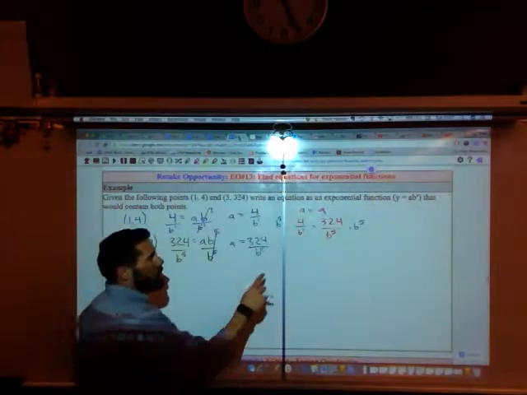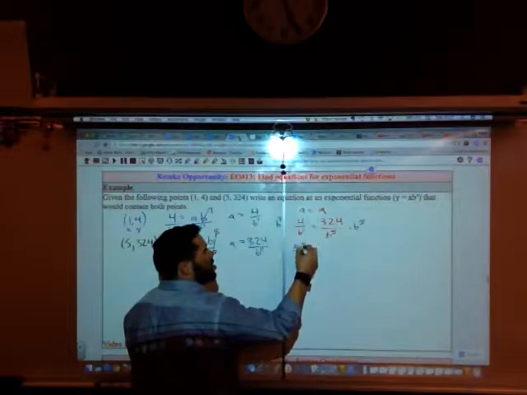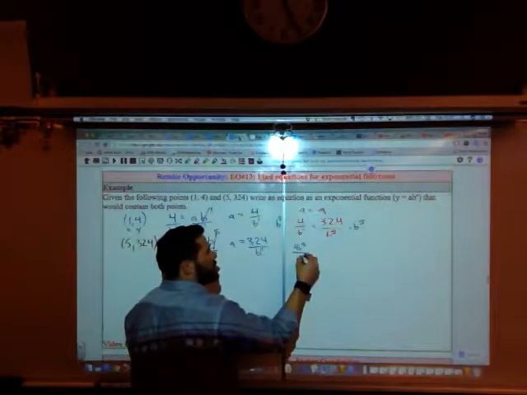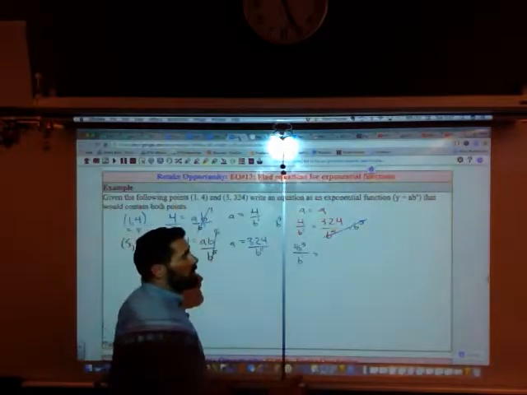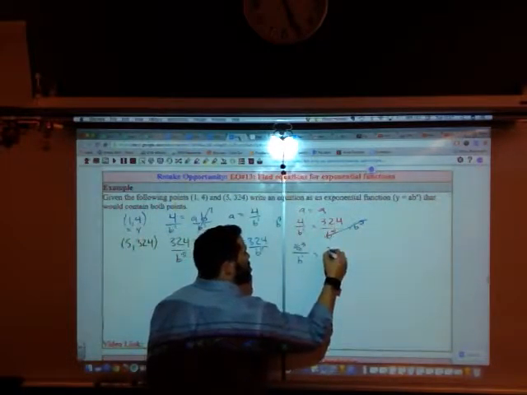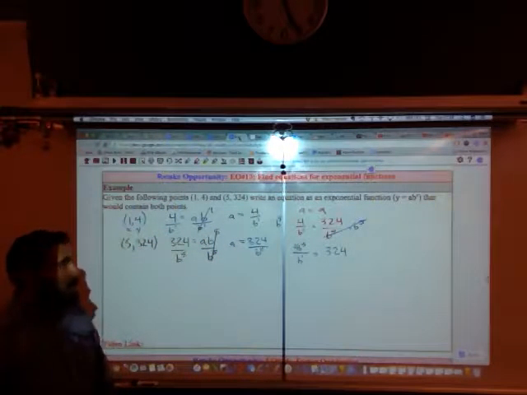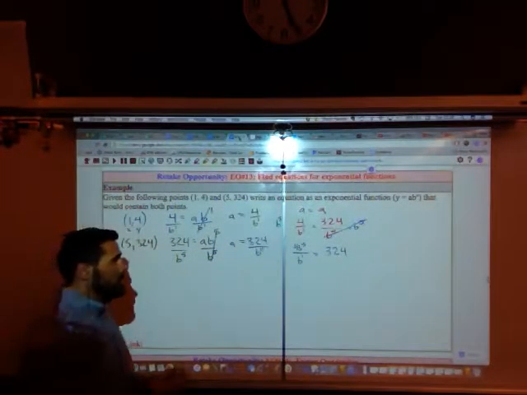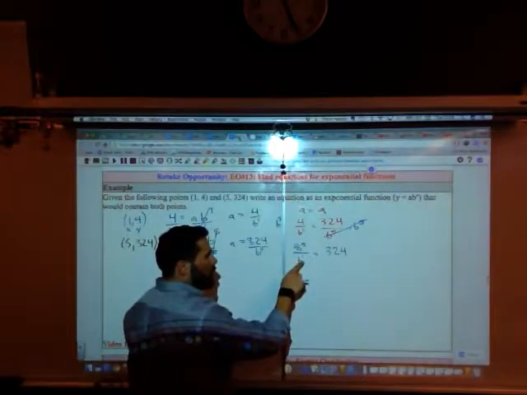When I do that in my new equation, this should be 4 times b to the fifth over b to the 1. On this side, those guys equal 1, so it's just 1 times 324. So I'm really close to getting the b isolated so I can find the value for b. Right now I got b to the fifth over b to the 1.